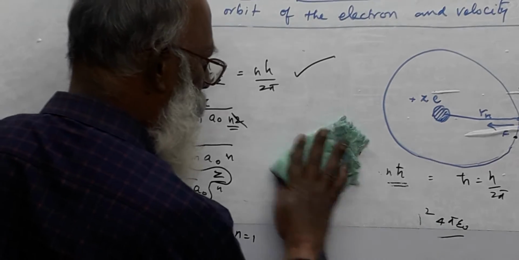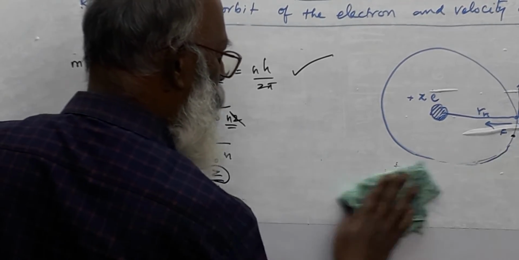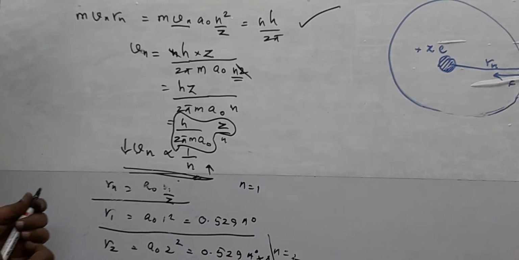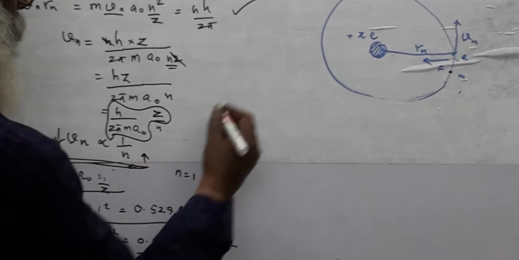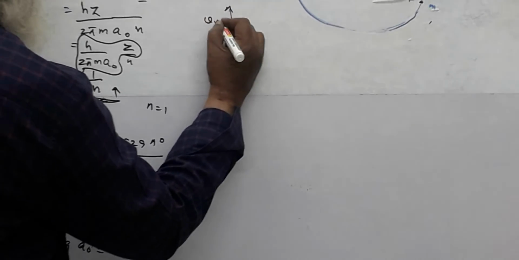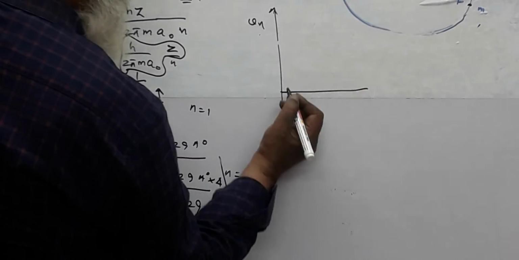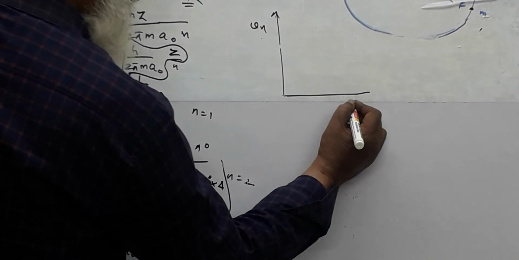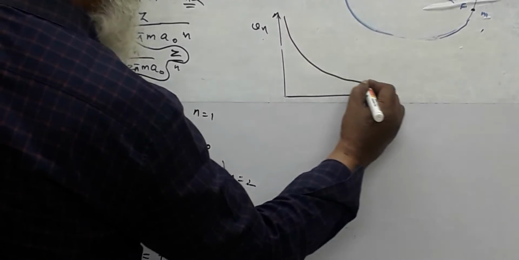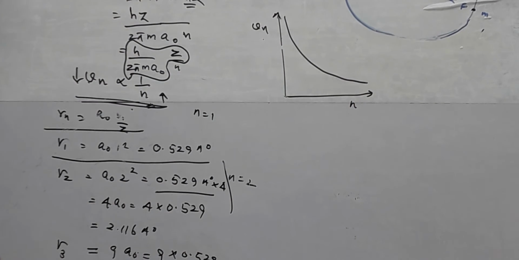If you consider velocity on the y-axis and the n value on the x-axis, the graph is as shown in the figure.